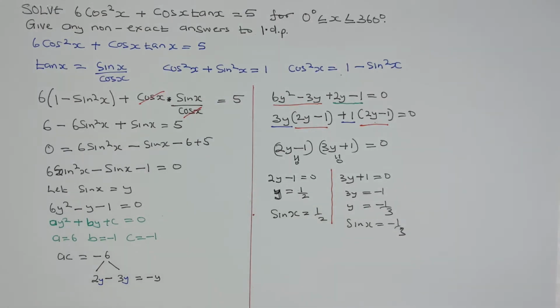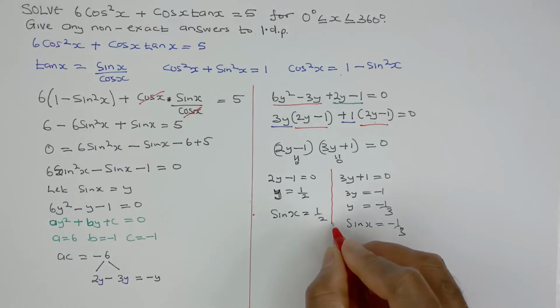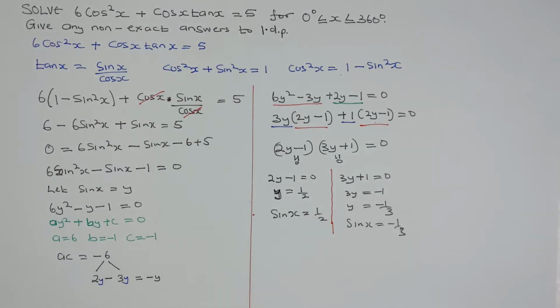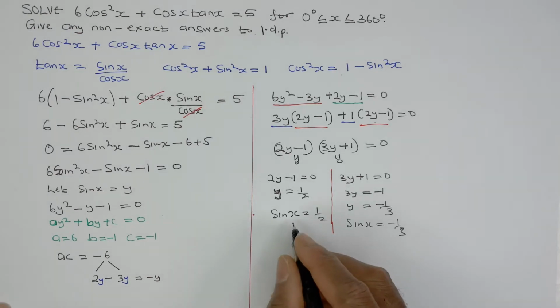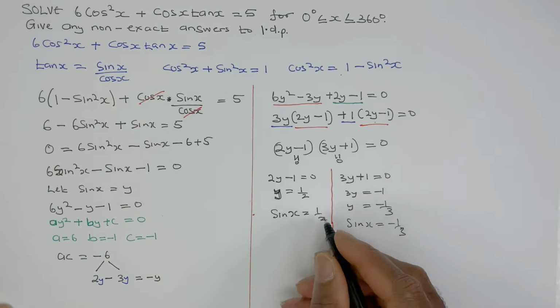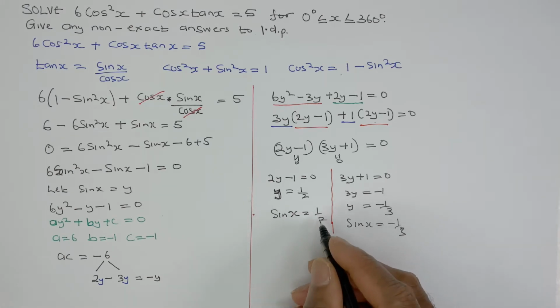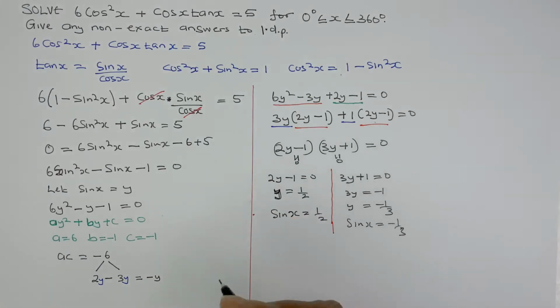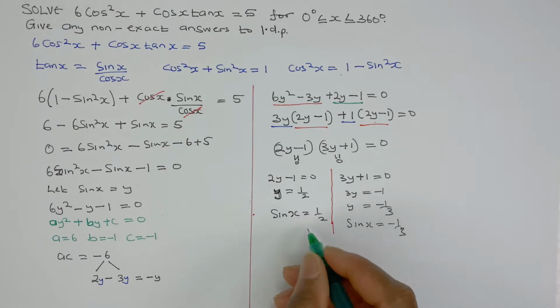So I've got 2 problems to solve. Now I'm going to solve the trigonometry equation sine of x equals a half. I know what a half is because I've seen this before. This is just to remind you why.